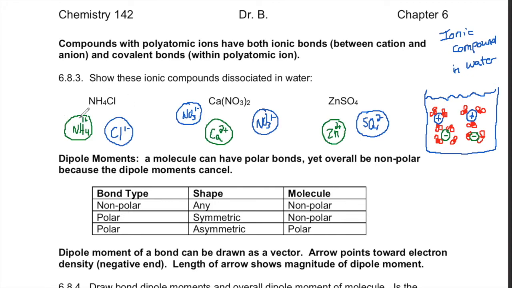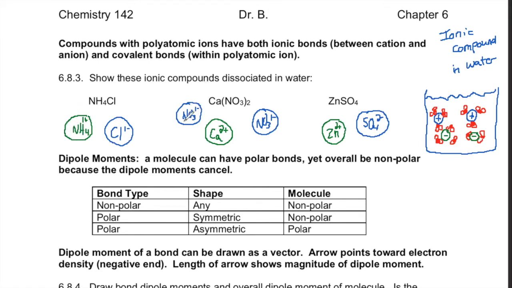Okay, I accidentally reversed my color coding here, but we have the polyatomic cation, ammonium, separating from the anion, the chloride ion. So the ammonium separates from the chloride when you dissolve it in water, but the hydrogens do not separate from the nitrogen. They stay together as a polyatomic cation.